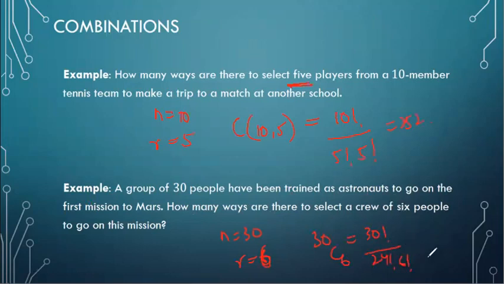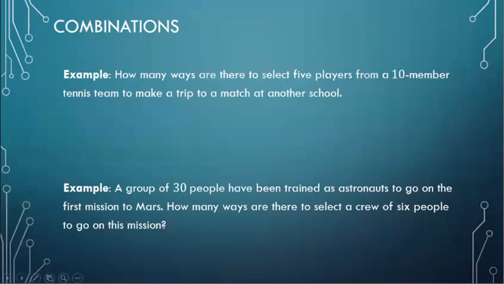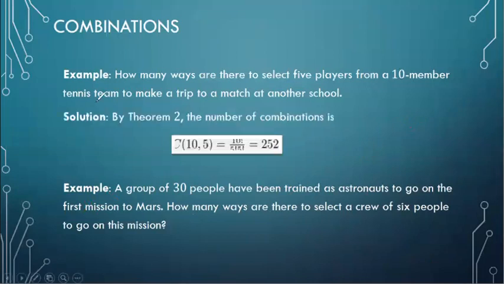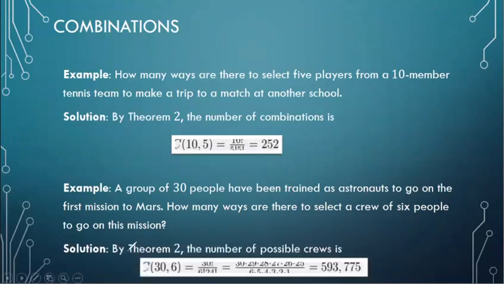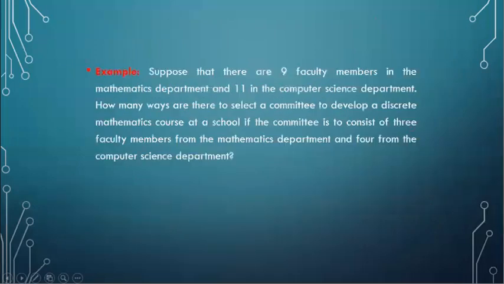All these results can be left as they are, or you can use a calculator to give the final result. Now let's see the solutions for the same. The number of combinations is 10C5, 10 factorial by 5 factorial into 5 factorial, and similarly 30C6, which is given as follows.